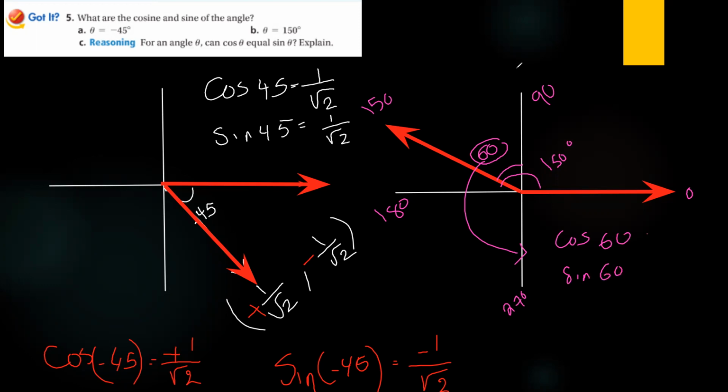What is the cosine of 60? It's half. And its sine is square root of 3 over 2. So now I recall the cosine and the sine of angle 60. Then I will write them here as a coordinate.